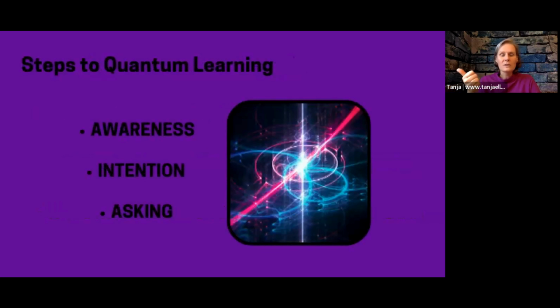The first step towards getting answers from the field of information is to become really conscious of our individual connection to it. The second step is to set a clear intention of what we actually desire to know and understand, so as to receive an answer to that. And the third step is to actively ask for what it is that we want to know.